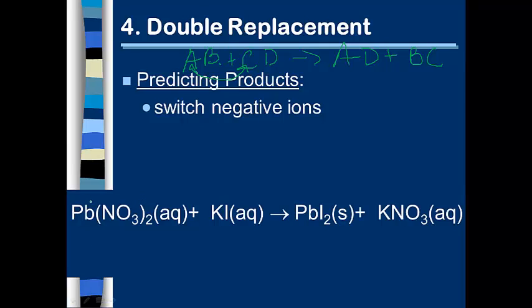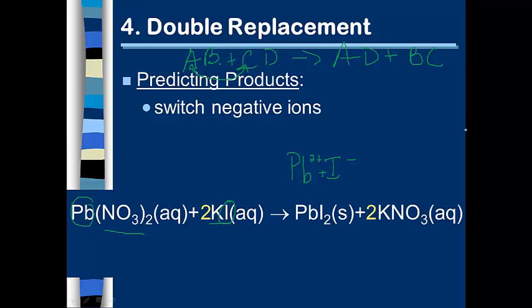So I would then pair up the lead and the iodide and get lead-2 iodide, or PbI2, because lead is a 2+, iodide's a 1-, and then I'd get potassium nitrate because I'm pairing up my other 2 that are left, and they're both a 1-to-1.